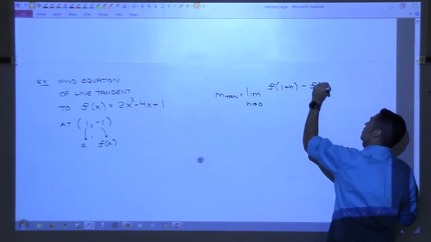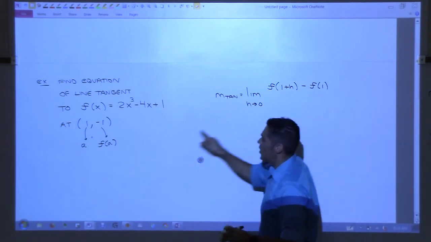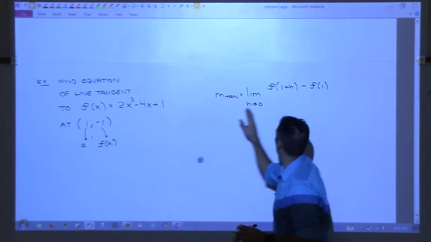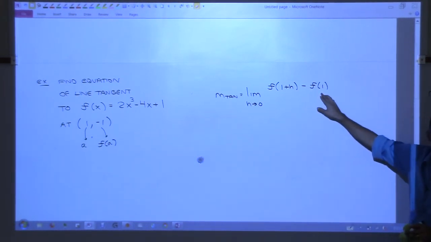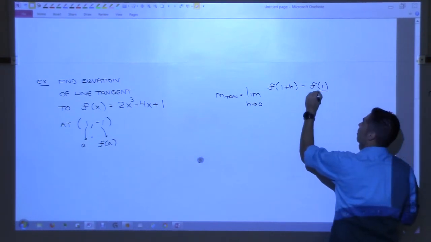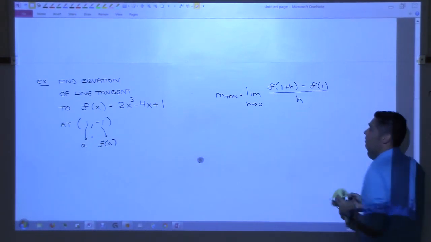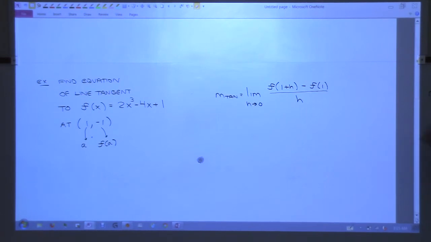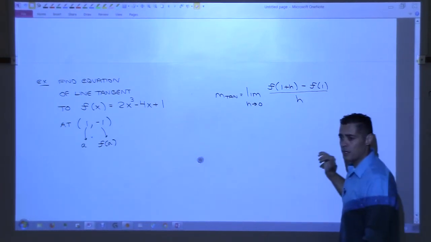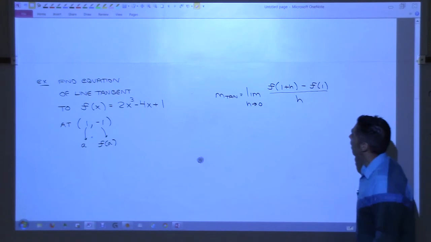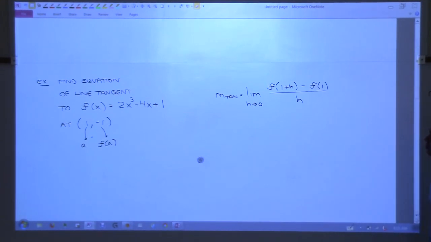Is that okay? Now we know f(1) is negative 1, but let's just put f(1) here right now. All of this over h. So I'm going to grind out this limit, see what happens, and when I'm done, whatever answer I get will go right here, and then we'll plug the other parts in. Understand?